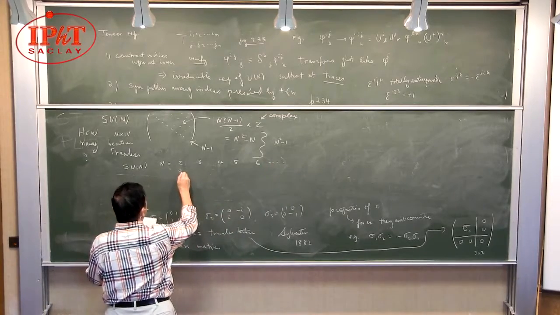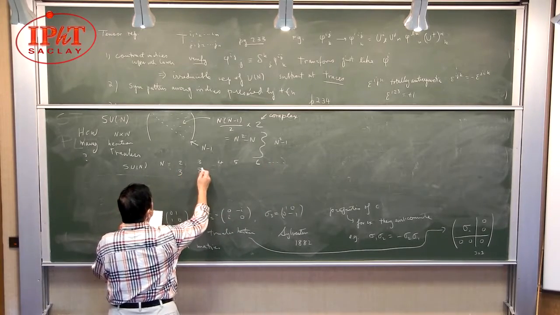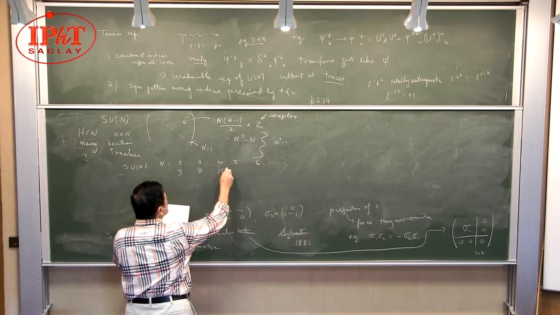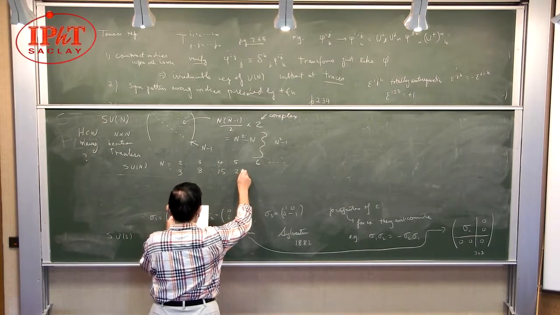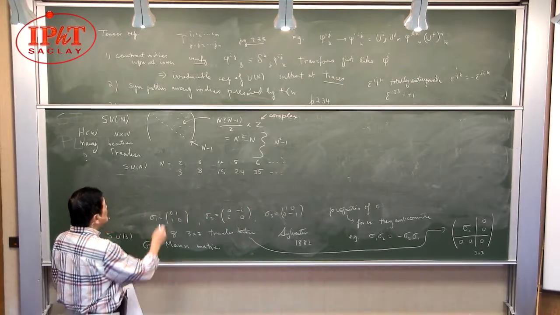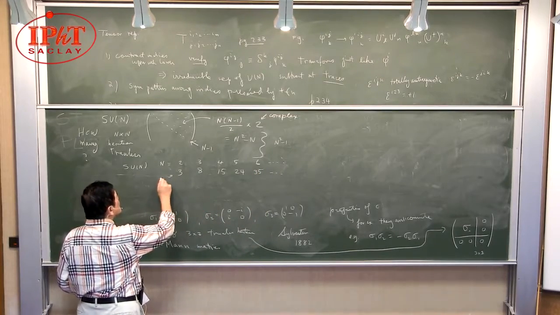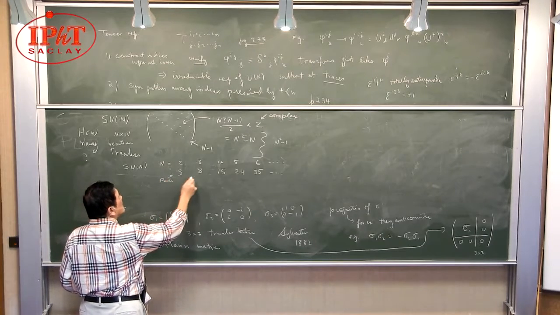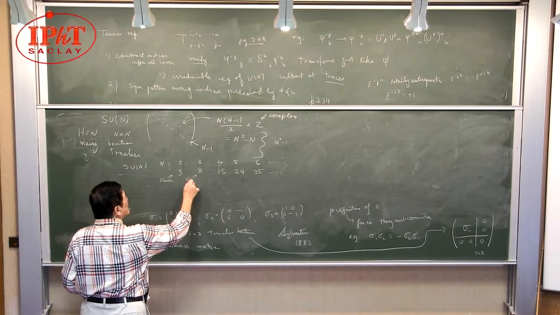And so this is 3 and 8, 15, 24, and 35, and so on. So, for example, this 3 is Mr. Pauli, and these 8 are Mr. Gell-Mann.